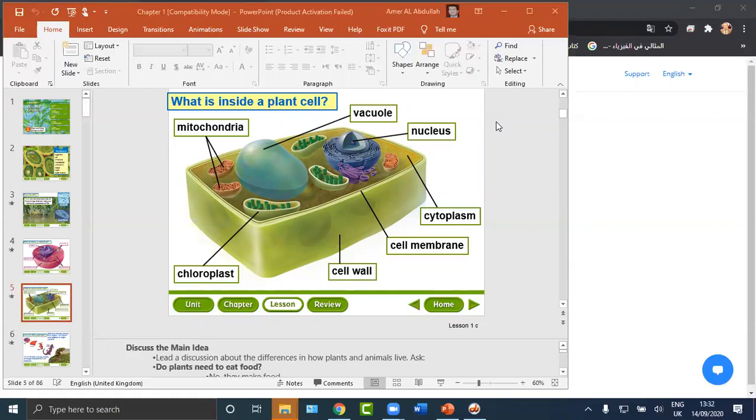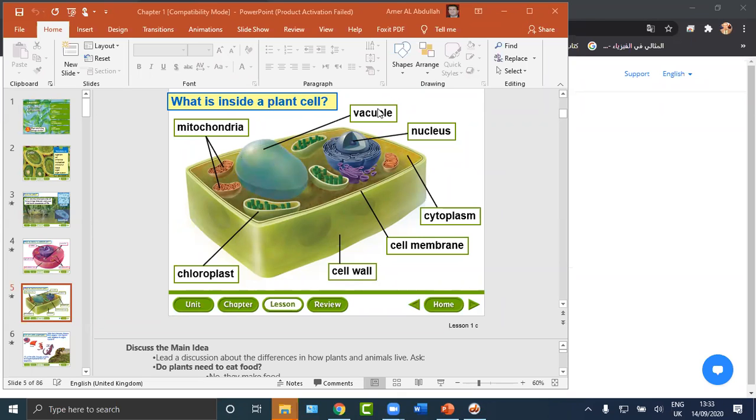In plant cells, the vacuole stores extra water and provides extra support. Excellent. The vacuole is large in plant cells, but in animal cells it's so small because the plant cell needs more water.